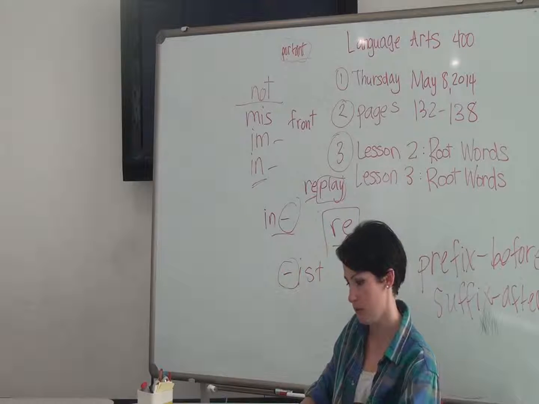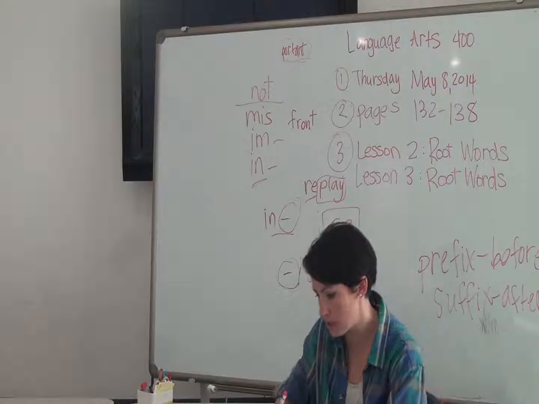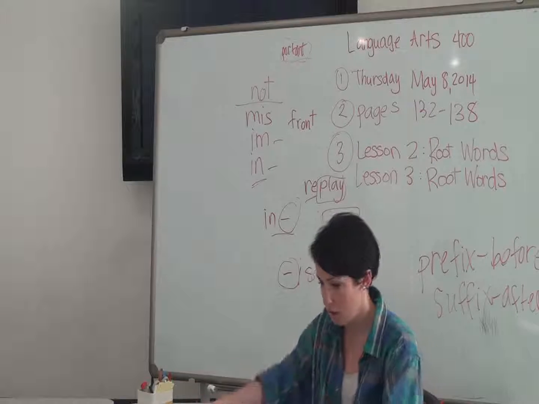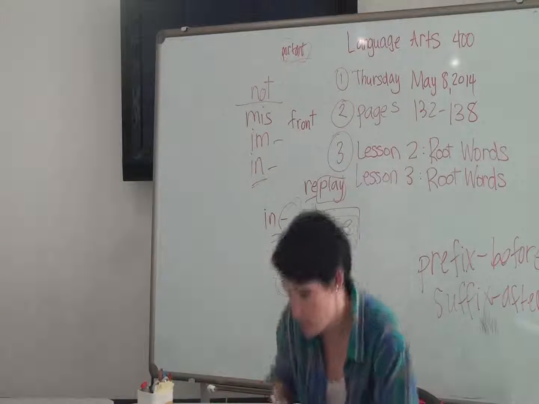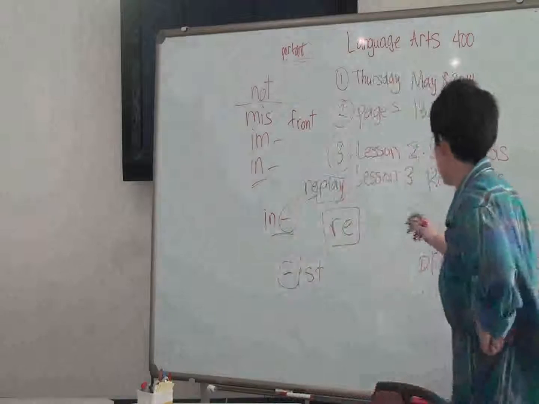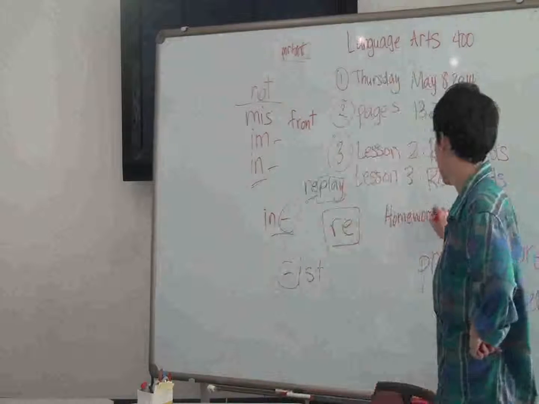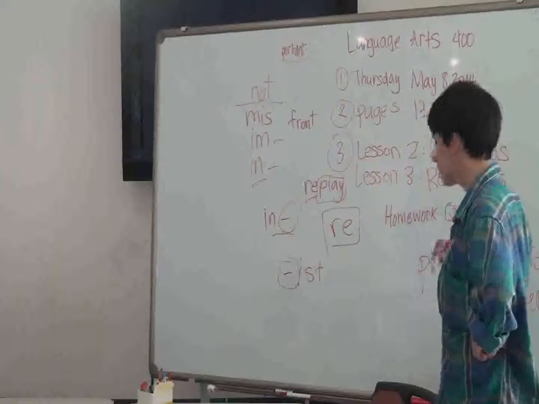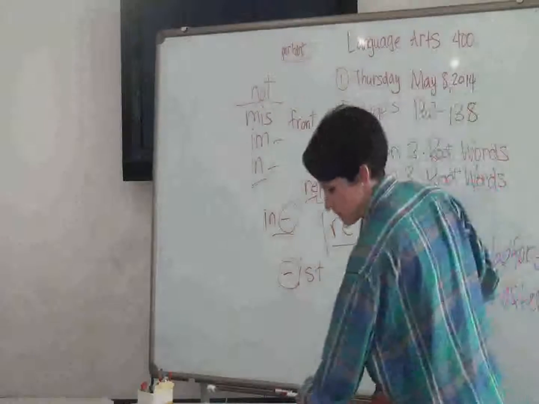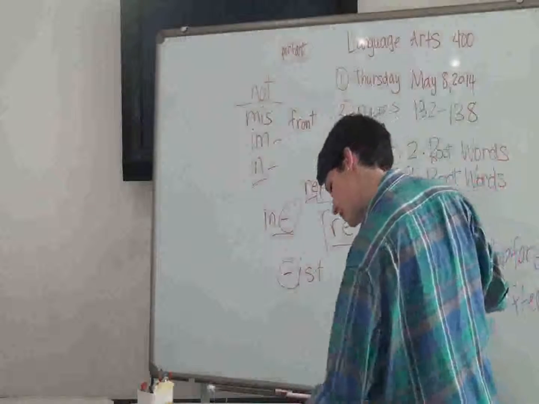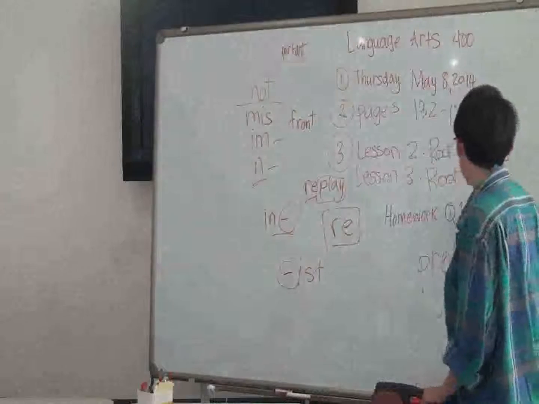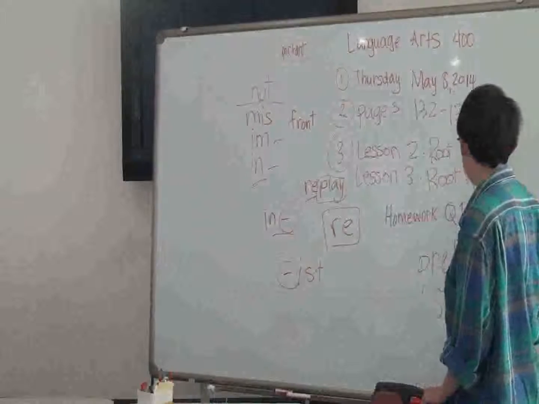Because I know it's a little bit small. Got it? Okay, so homework is going to be, let's see, end of 136. So here's your homework. Homework is questions 1 to, is it 17? Or 16? Oh, 13. Questions 1 to 13.